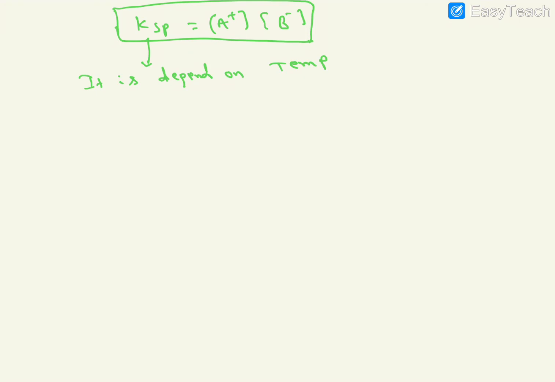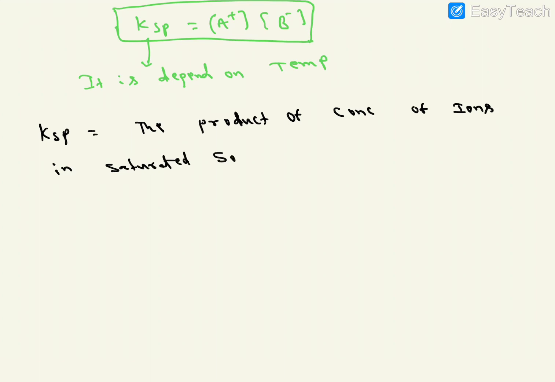In simple words, what is the solubility product? The KSP is equal to the product of the concentration of ions in a saturated solution of an electrolyte at a given temperature.